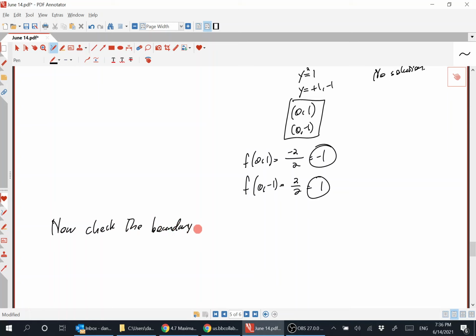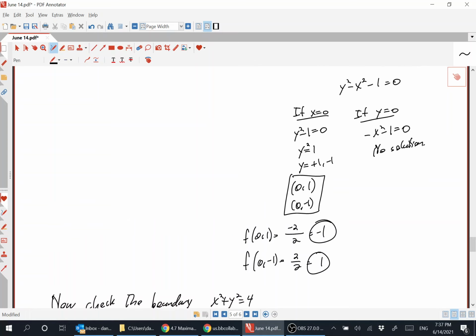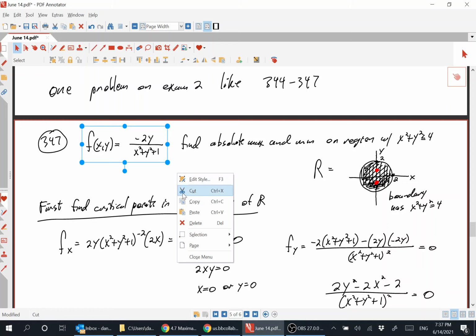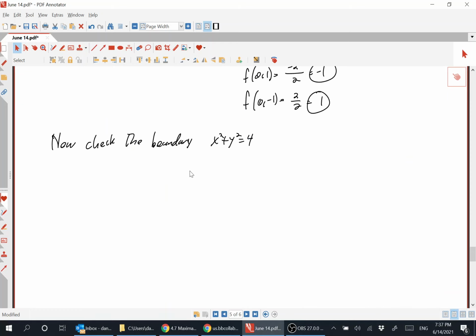The boundary of the region is x squared plus y squared equals 4. So what is the function? The function is right here, f(x, y). Now, the two variable function on the boundary is going to become a one variable function. So we're going to eliminate one of the variables.